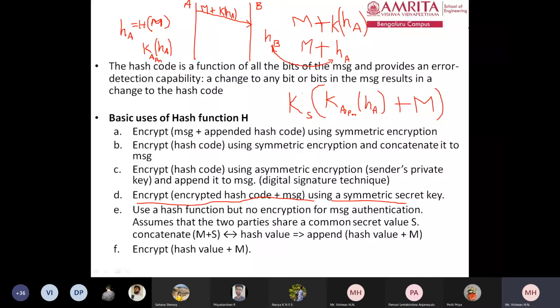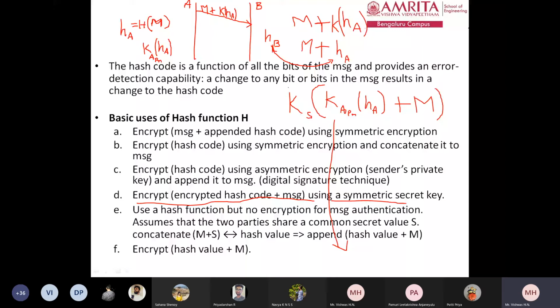So when we encrypt the message using a session key, or a symmetric key, upon receiving this, what will the receiver do? The receiver will first decrypt it using the same session key because it is a symmetric key. We are not worried now about how this symmetric key is exchanged between two parties. We know that both have the key. That might be received from a trusted third party or whoever it is. So when this is received, B will first decrypt it using the same key.